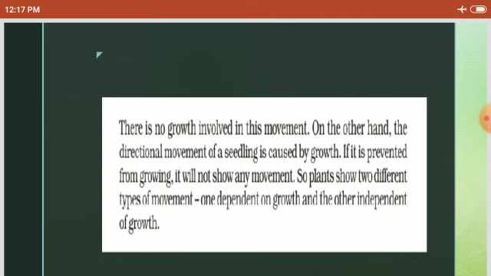One is dependent on growth and the other is independent of growth. See, the mimosa plant: if you touch it, it folds its leaf, but there is no growth. But regarding the growth of a root or shoot, you can see that movement, and there is growth. Understand?